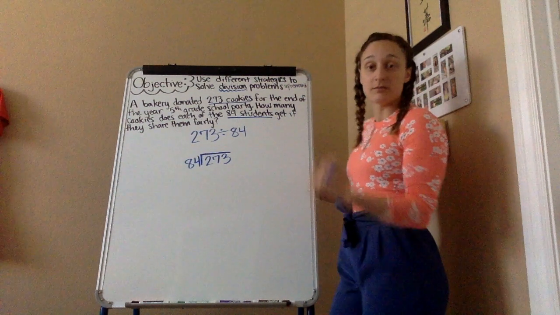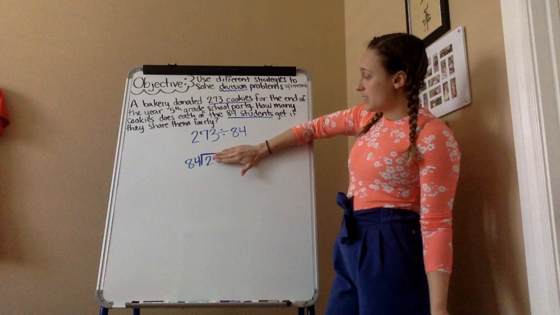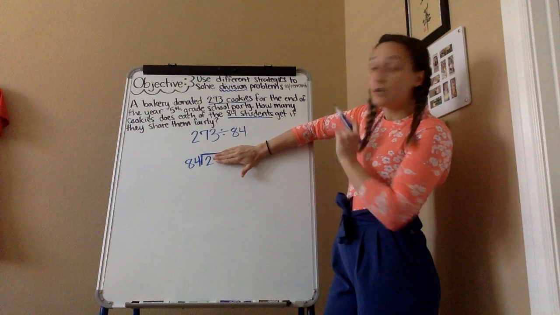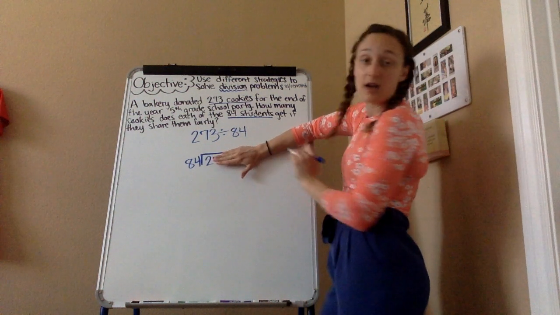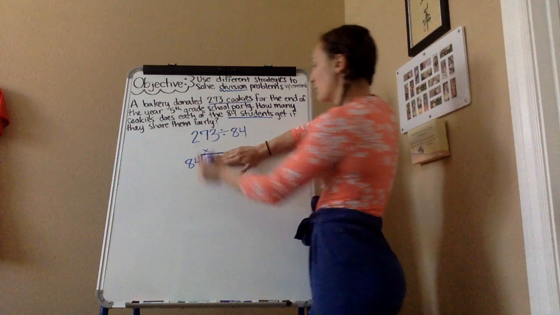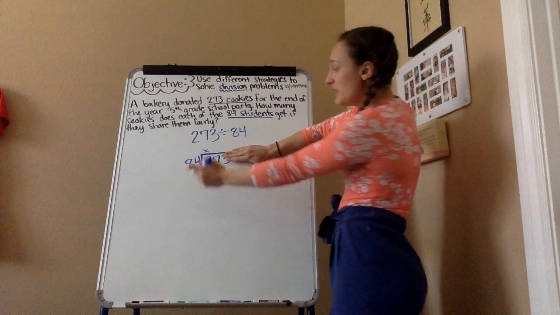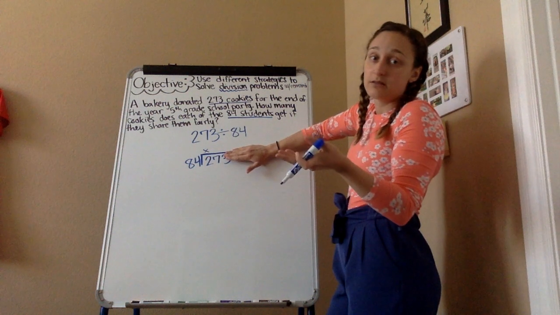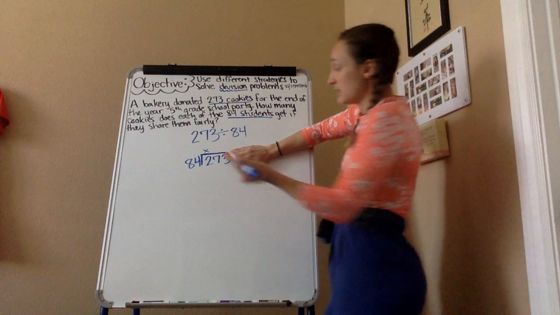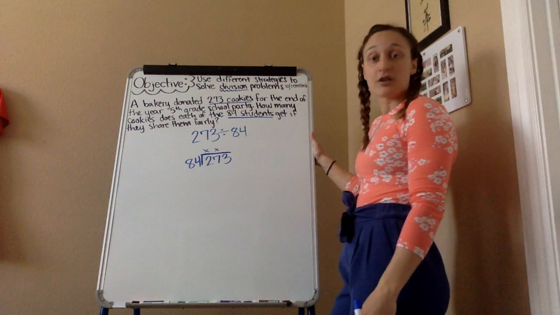Then we're going to use Miss Value's trick of covering up the numbers. Cover up all but the 2. 84 is larger than 2, so it's not possible. 84 cannot go into 2. Put an X up there to know I already tried that. 84 cannot go into 27 because, again, it is bigger than 27. And I'm back at the start.